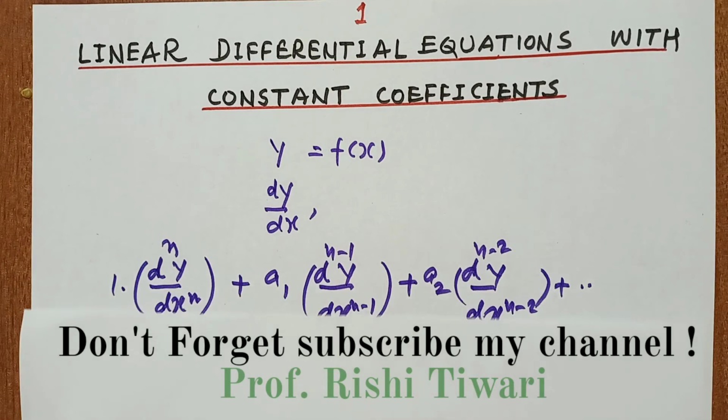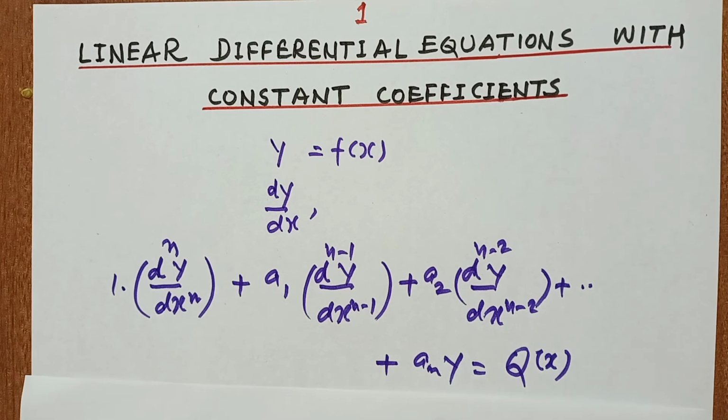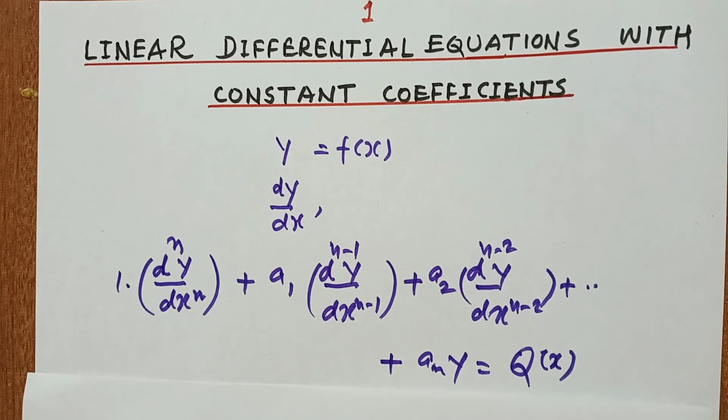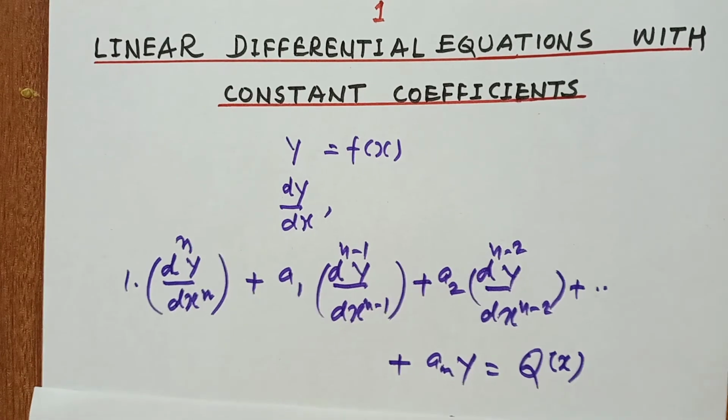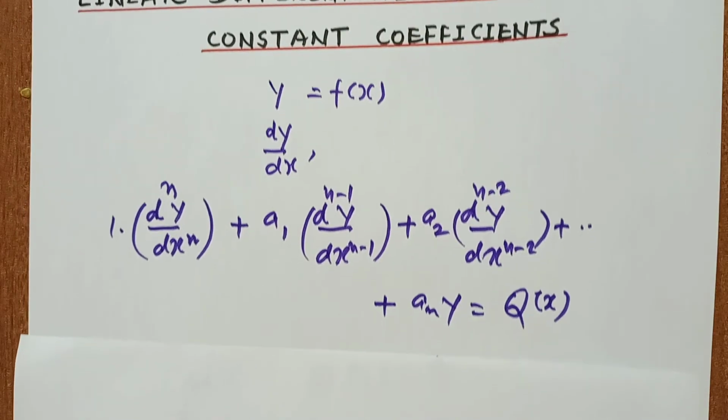So a differential equation of the form d^n y upon dx^n plus a1 d^(n-1) y upon dx^(n-1) plus a2 d^(n-2) y upon dx^(n-2) plus, and so on, up to an y, is equal to Q(x), where Q is a function of x.